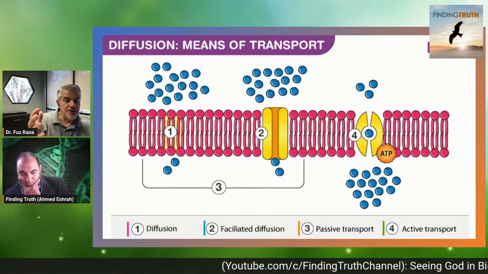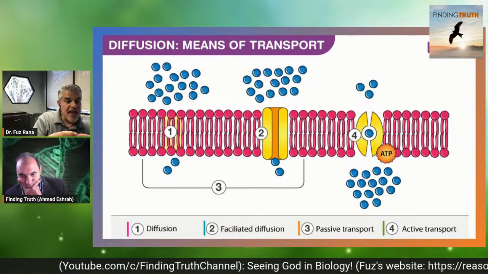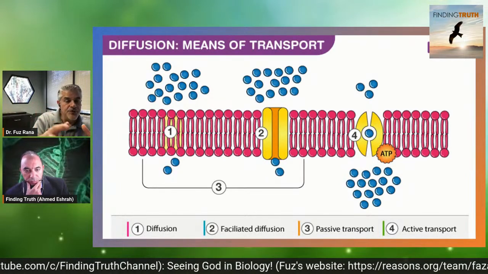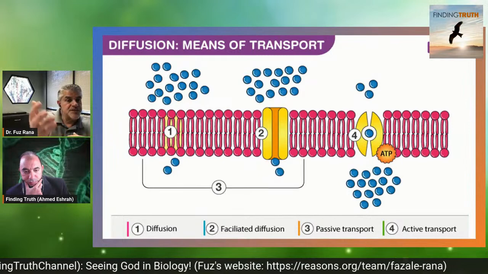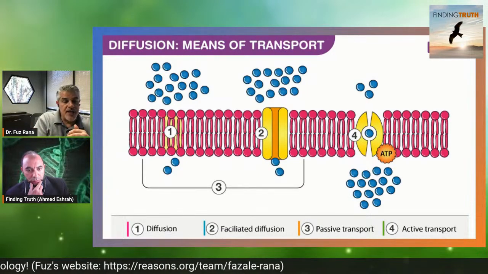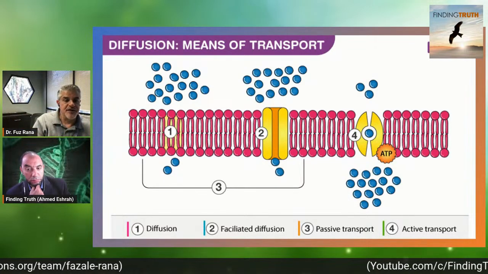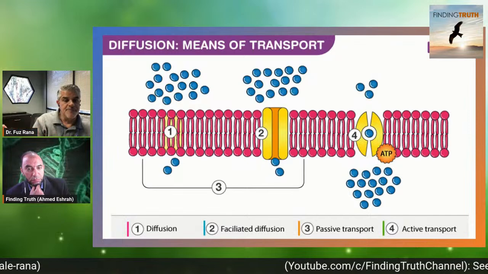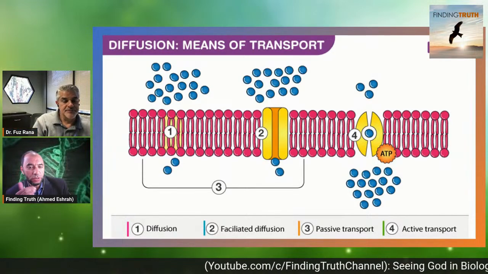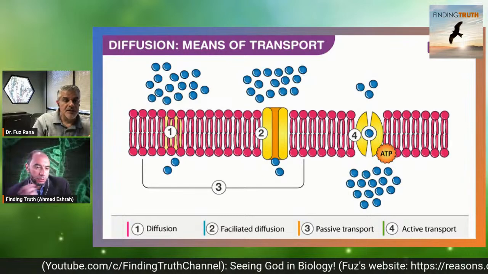Those polar materials are going to make their way through the cell membrane through pores, moving in conjunction with the concentration gradient. And both of those mechanisms are referred to as passive transport, because it is natural that materials would move from the higher concentration to the lower concentration.